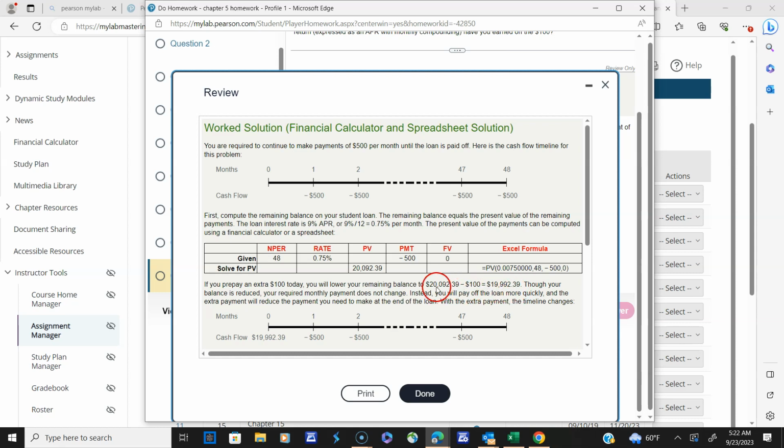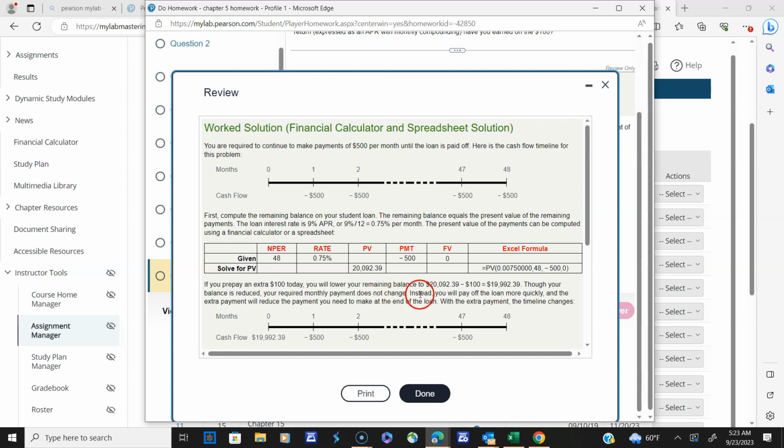If I subtract off $100 right now, I only owe $19,992.39. So your balance is reduced. Your required monthly payment is not going to change, right? Your payment never changes. You just lowered the balance, okay?